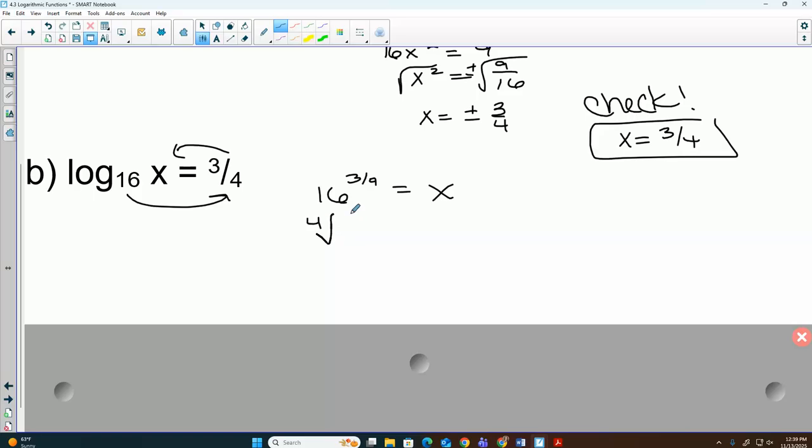The 3/4 means the 4th root of 16 cubed. You can use your calculator, or you might know what the 4th root of 16 is. You cubed first, I was doing the 4th root first. That's 2. So we get 8.